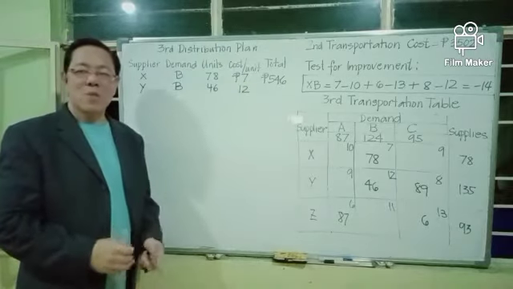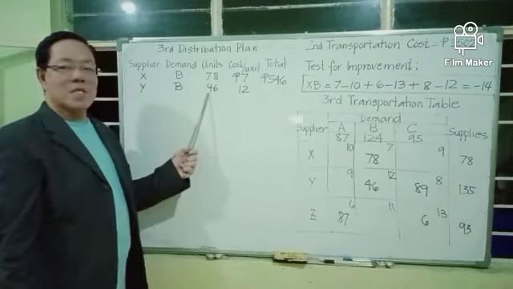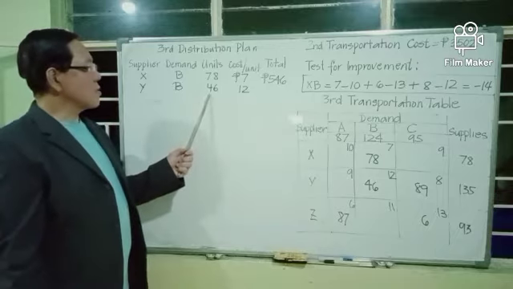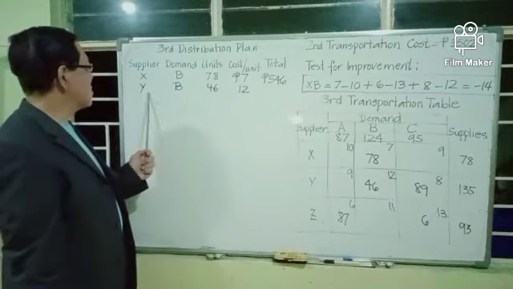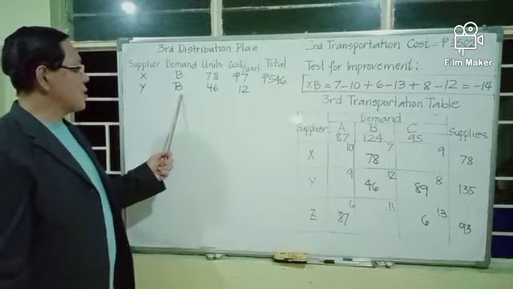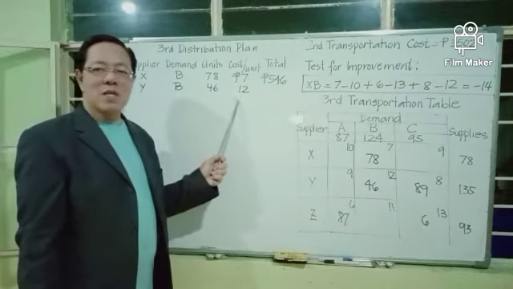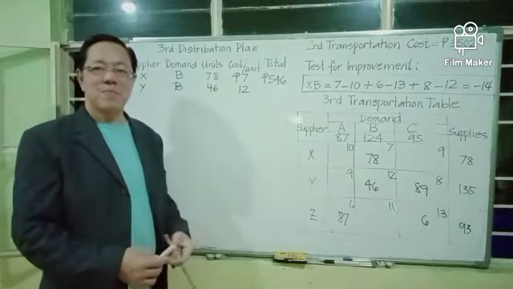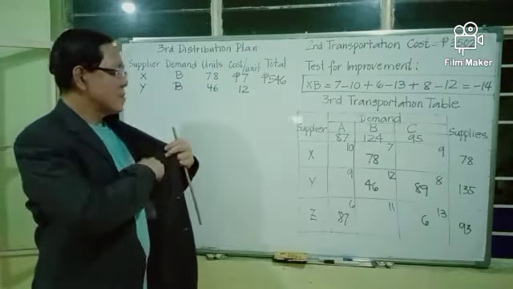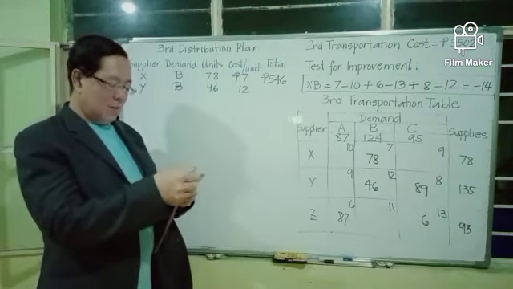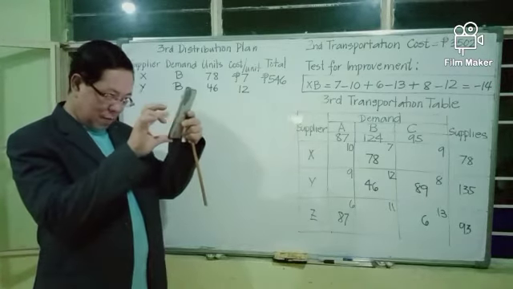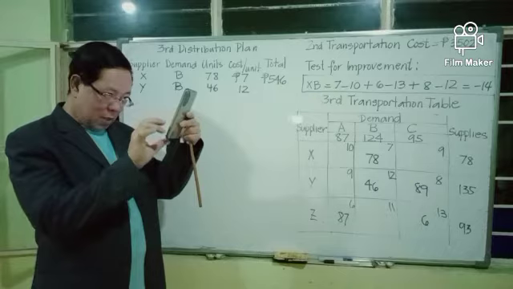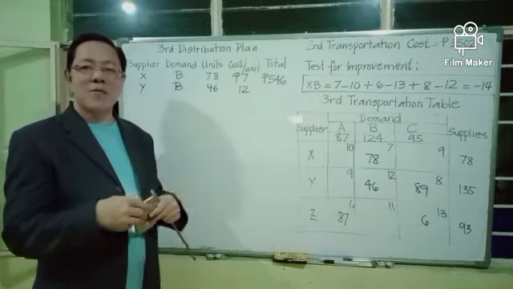And we also compute the total cost of transporting 46 units at 12 pesos per unit from supplier Y to customer B by multiplying 46 by 12. We have 46 multiplied by 12, we get 552.